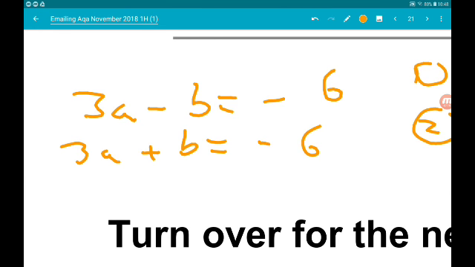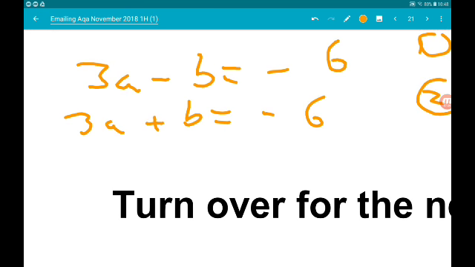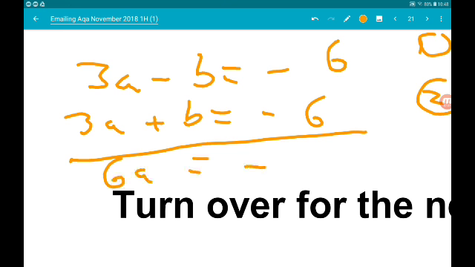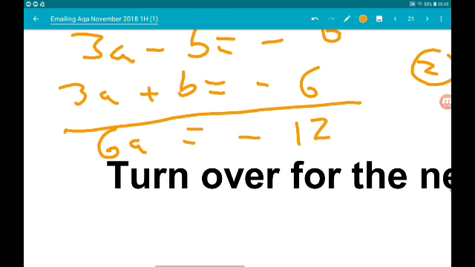Now they both have a 1b in them. Yes, one's positive, one's negative. Physically though, it's the same amount. So to cancel out b, we can add the equations together. So if we do that, we get 6a is equal to minus 12, so a is minus 2.